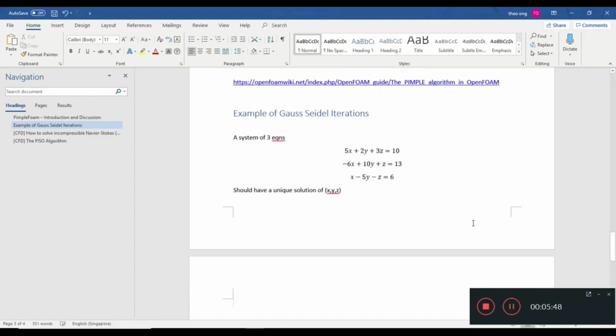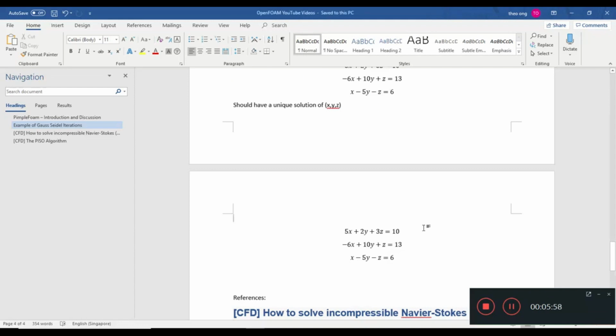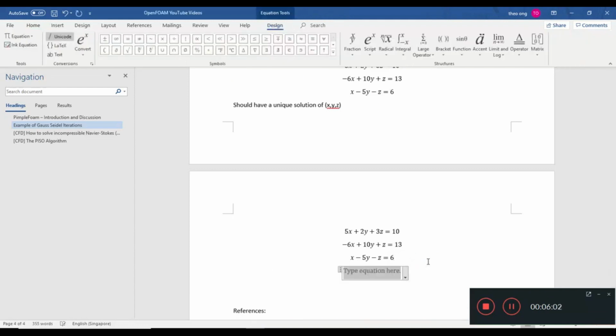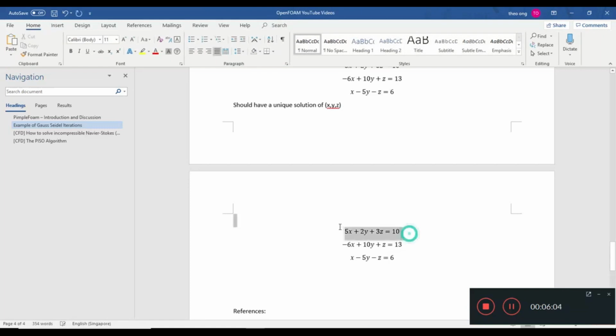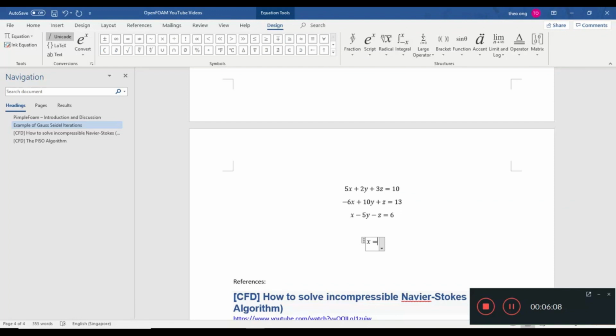Of course, to start solving this, we want to rearrange it. From the first equation, we can rearrange x as follows: x equals 1/5 times 10 minus 2y minus 3z, which equals 2 minus 2/5 y minus 3/5 z.